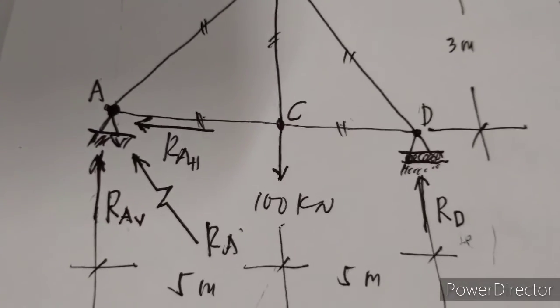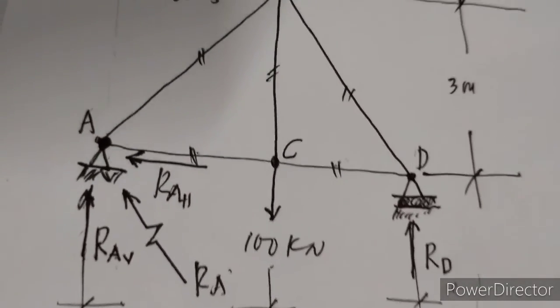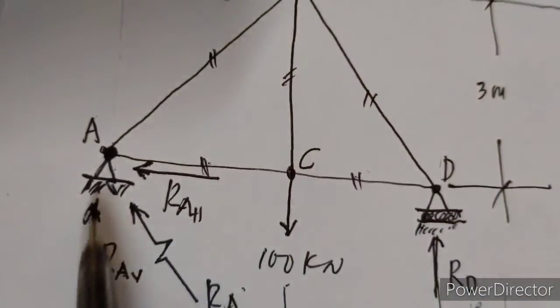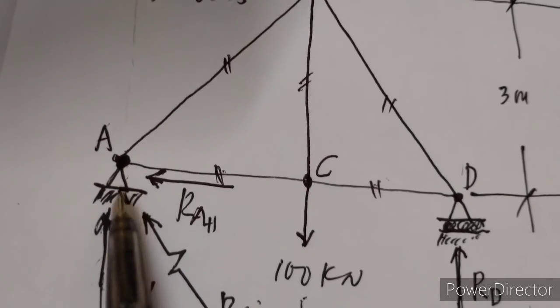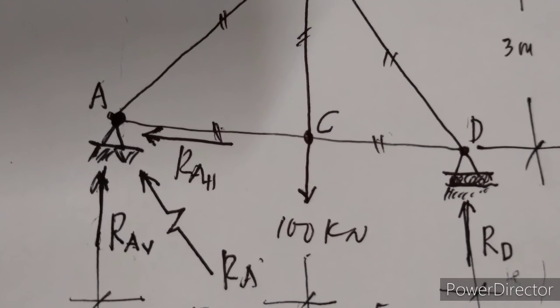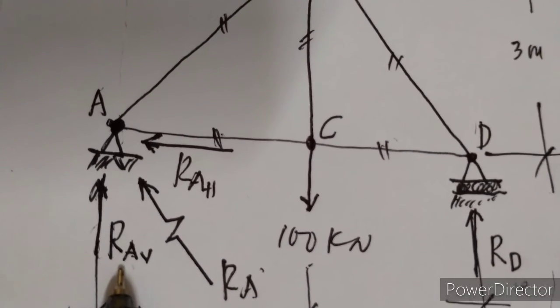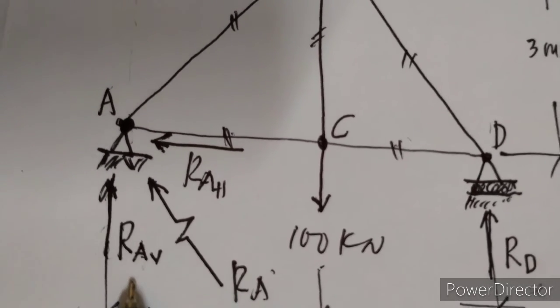So we have already computed the reactions at those joints. At this one we have RAH, again the horizontal component of RA, and we have also the vertical component of RA.